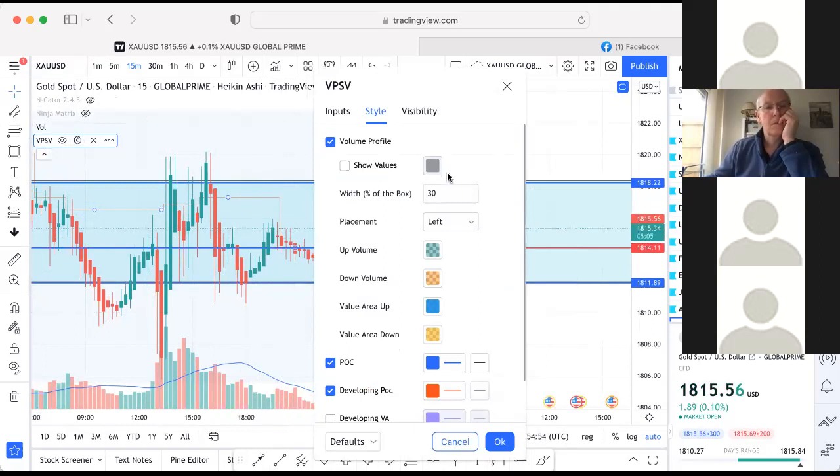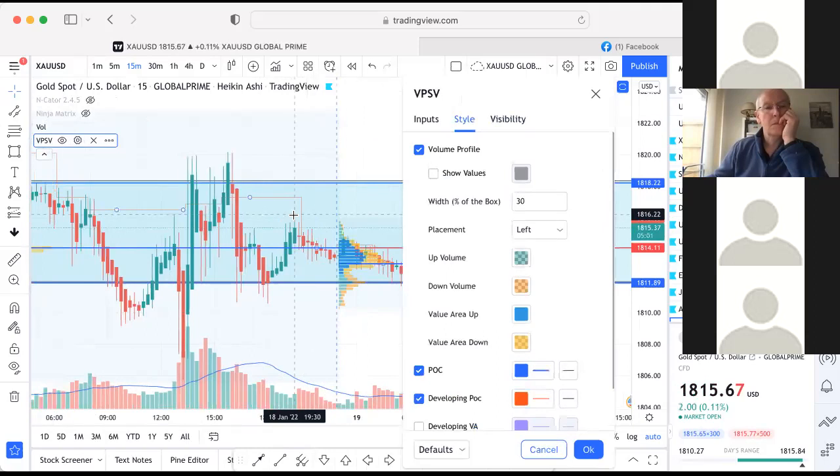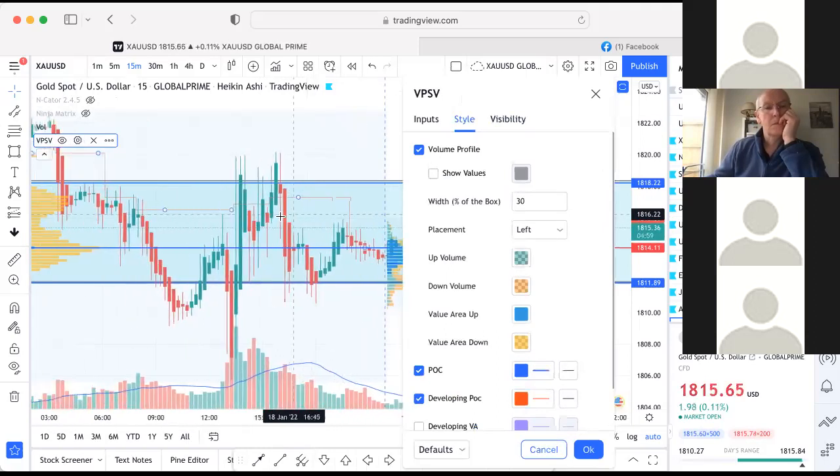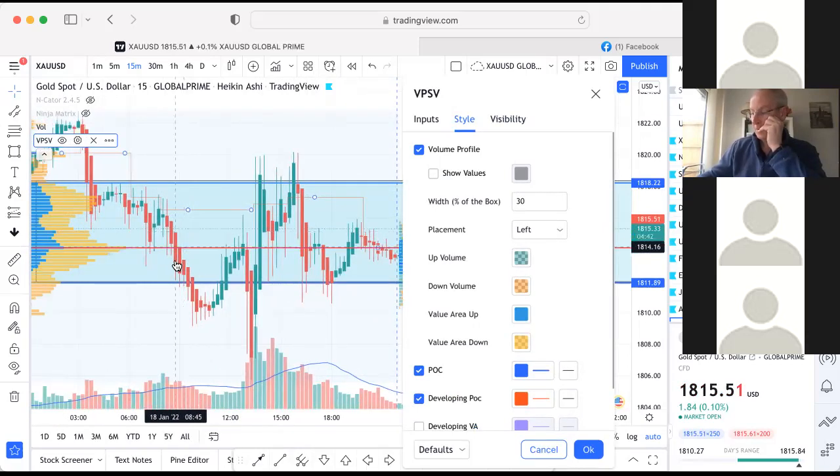On yesterday's point of control, you see this line here, which goes along and then drops down. And then for that period there, and then it went up, and then it went up again, and then it went down again. So you've got the average point of control for the day, which is the red line there.